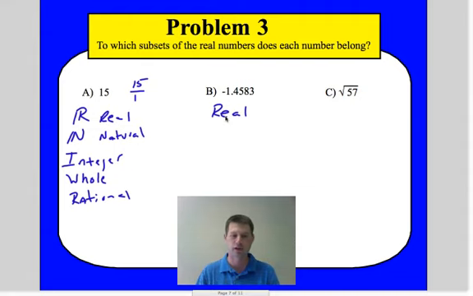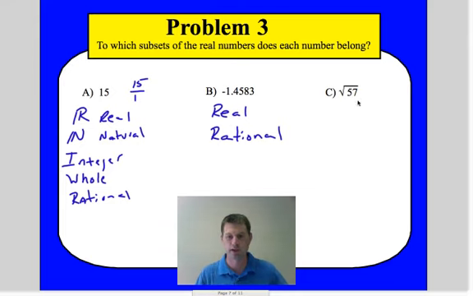No, it's not an integer because it's not a whole number. So therefore, it's not a whole number either. Is it rational? Well, notice that it stopped. It terminated. So therefore, it is rational. It didn't keep going. If this had been random numbers with a couple dots, now that would be irrational, but that wasn't there.